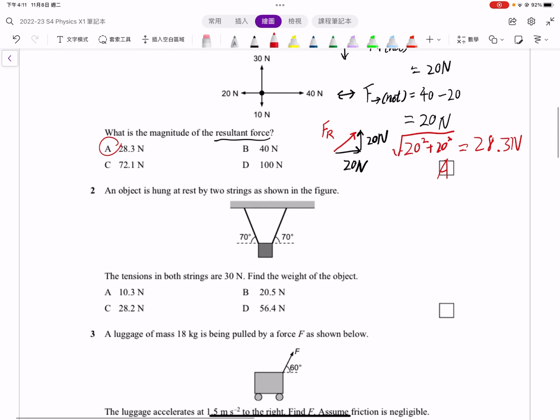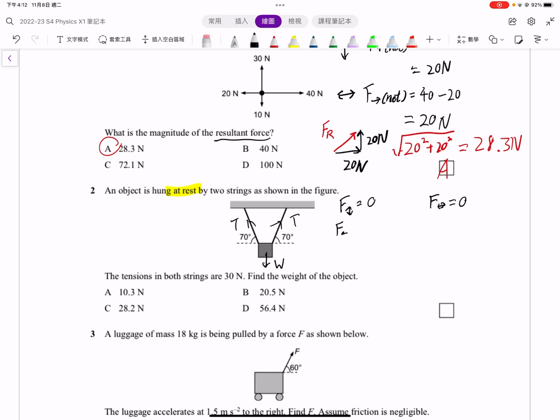And then in question 2, an object is held at rest by two strings as shown in the figure. If the tension of both strings is 30 Newton, find the weight of the object. Both of them have the tension here and then you have the weight here. Now consider the vertical component and the horizontal component. Both of them, the net force is 0.